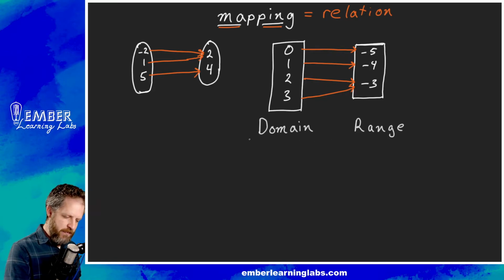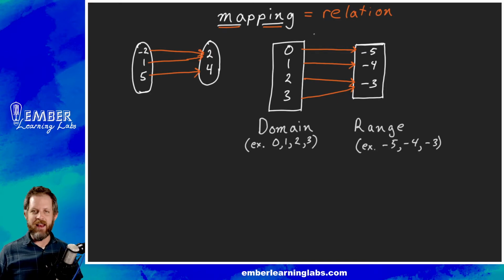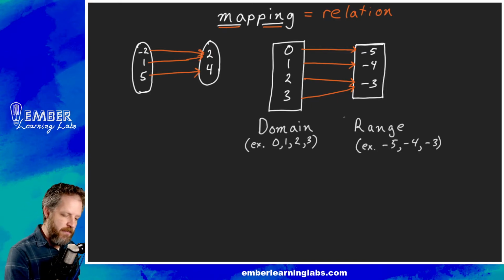For our example, the domain here would be 0, 1, 2, 3. And the range would be -5, -4, -3. So that list of numbers on the left-hand side is the domain. Then this list of numbers is the range.